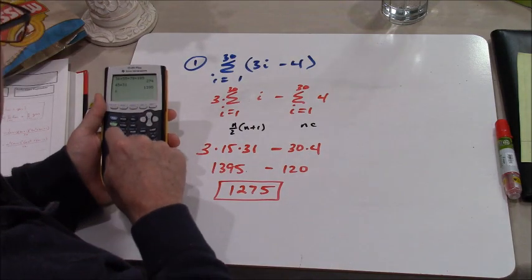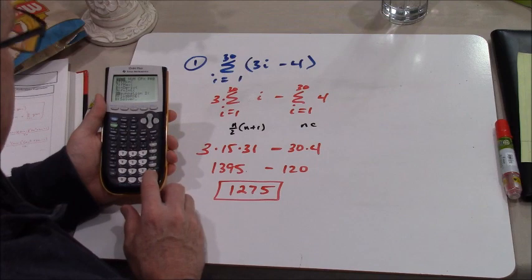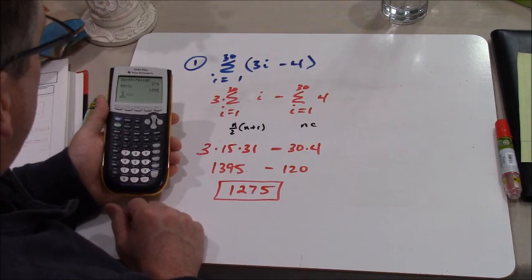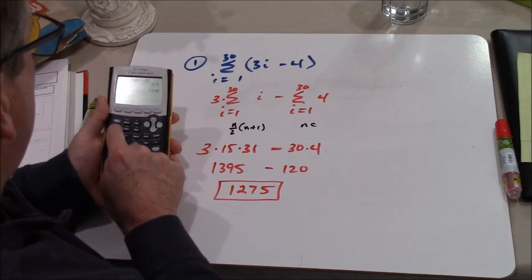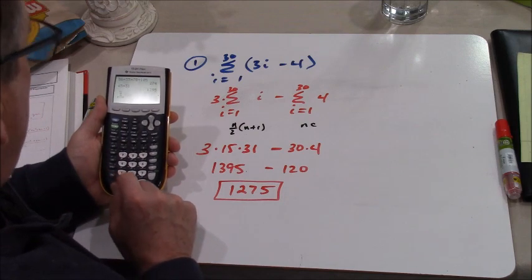I could go, let's see, math. I'm going to arrow up because you get to the bottom of the list faster that way. There's summation, option 0. All right, I'm going to do the summation for, I'm going to say alpha I equals 1 to 30.